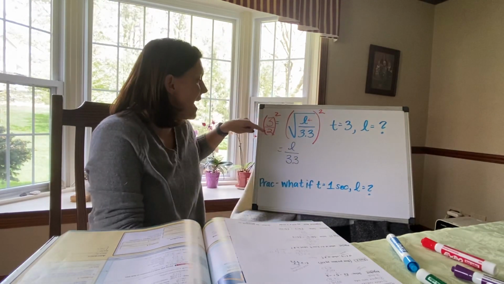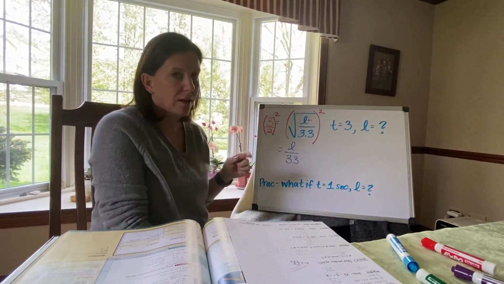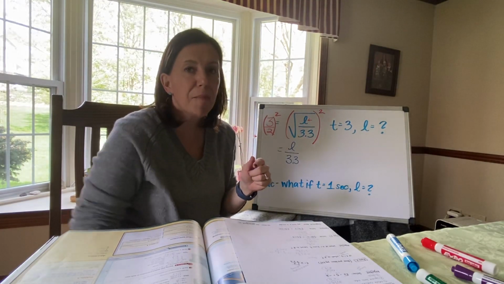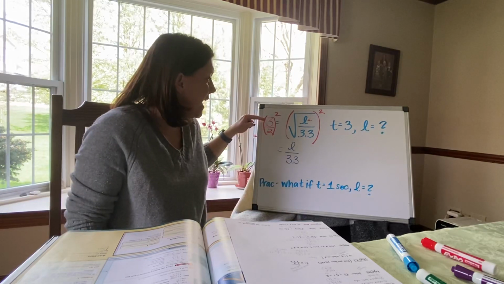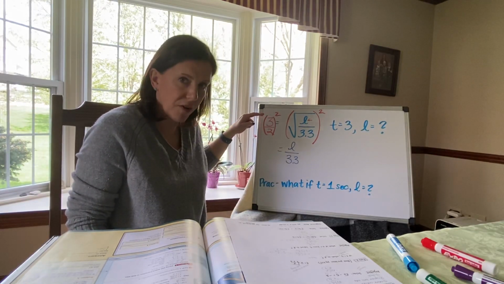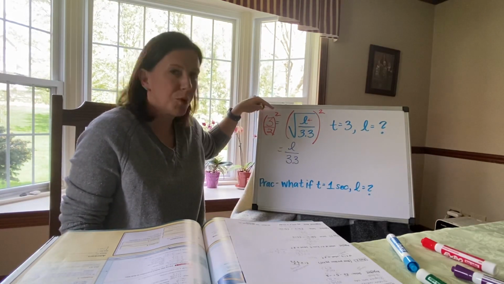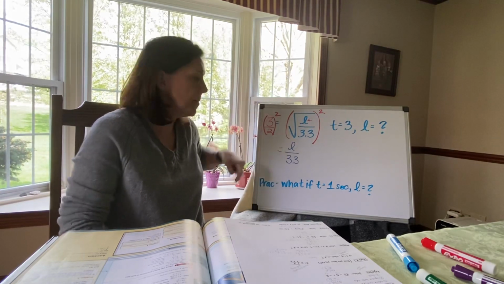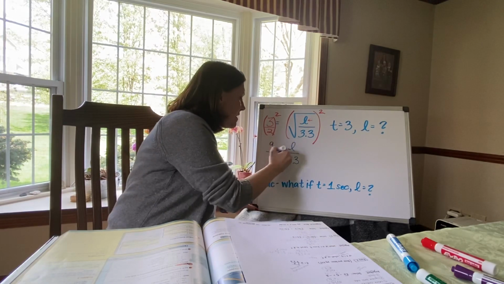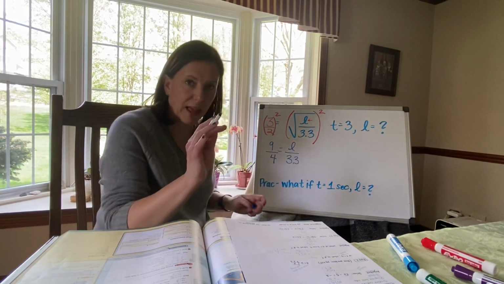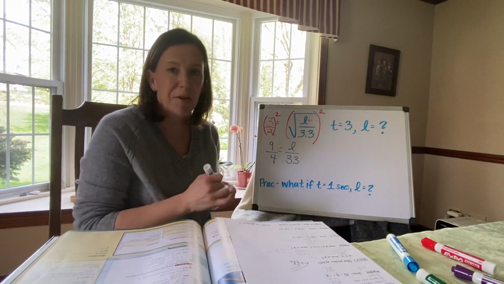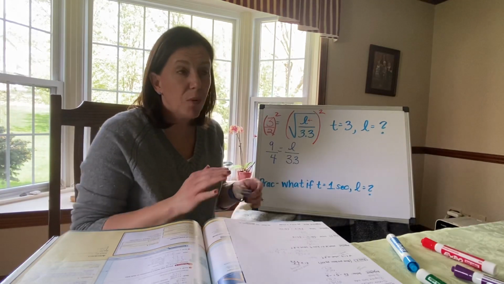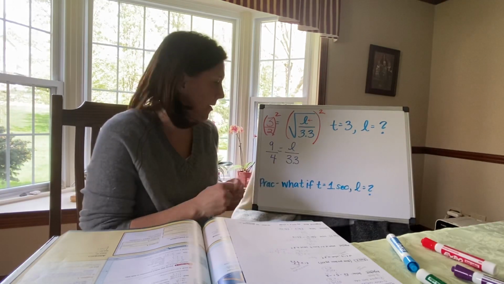And I have 3 halves squared. Go back to what we learned for our power rules. If I have a quotient, a fraction, being raised to a power, that means I square the numerator and I square the denominator. So I'm going to leave this as 9/4. Hang with me. Okay, remember, you can use a calculator at any point along this pathway here.